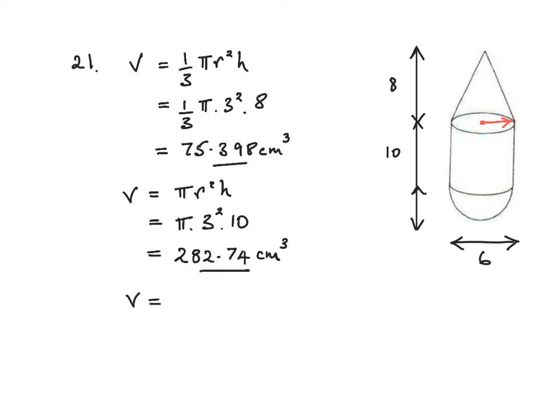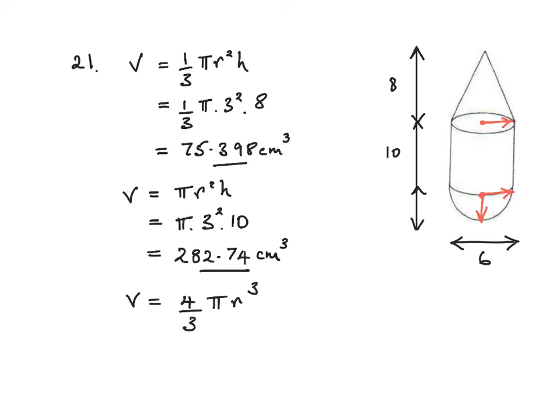And what we have is a hemisphere at the bottom. Now the formula for the sphere is 4 over 3 pi r cubed. The diameter is 6, so the radius is 3, just as it was for the cylinder and the cone. That's 3.